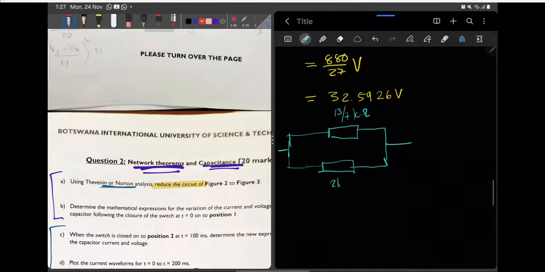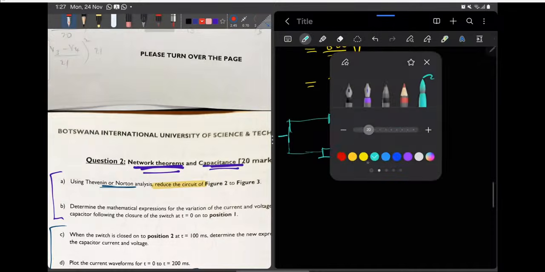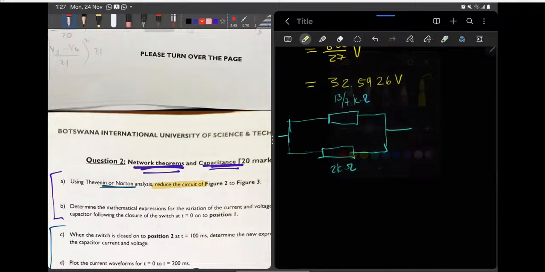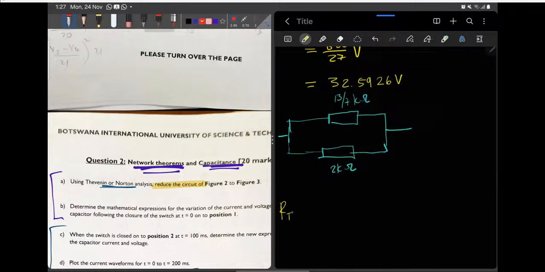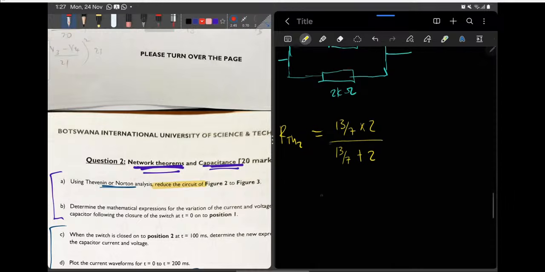So what you're actually going to do is you're going to say, well, R Thevenin the second is equal to 13 over 7 times 2 over 13 over 7 plus 2. And we're going to get an answer. So let's put that in a fraction. Fraction will be open bracket 13, open bracket again, and then you're going to say 13 divided by 7.